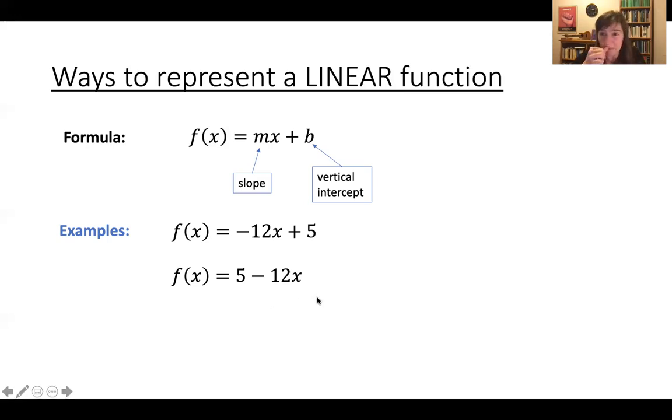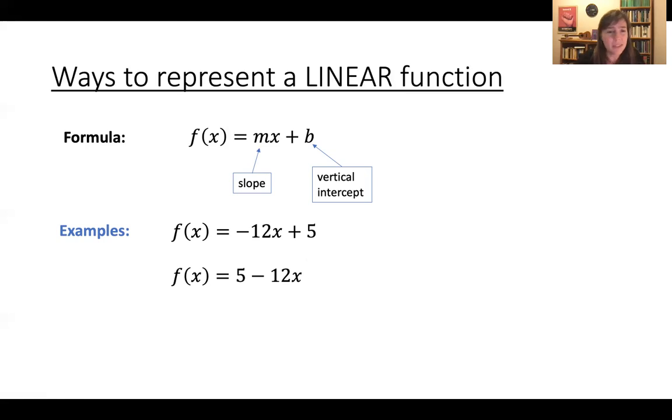Here's one reason why: it's just the same function as the one right above it. I just switched the numbers around. Instead of -12x plus 5, I wrote 5 minus 12x. And so these are doing the same thing. The same inputs will lead to the same outputs. These are the same functions. And so if this one's linear, so is this one.